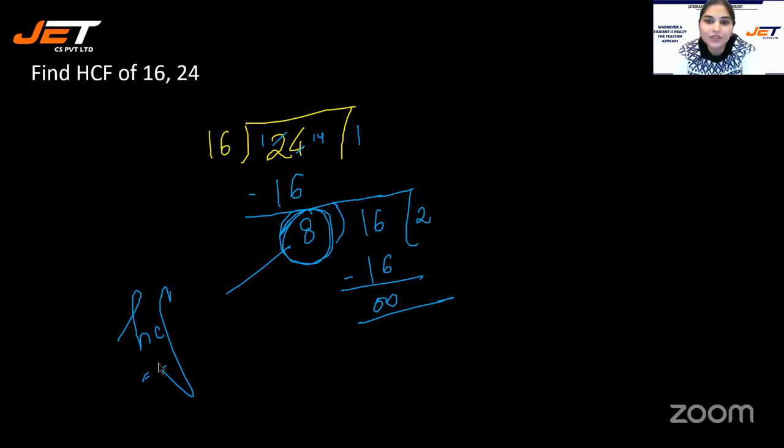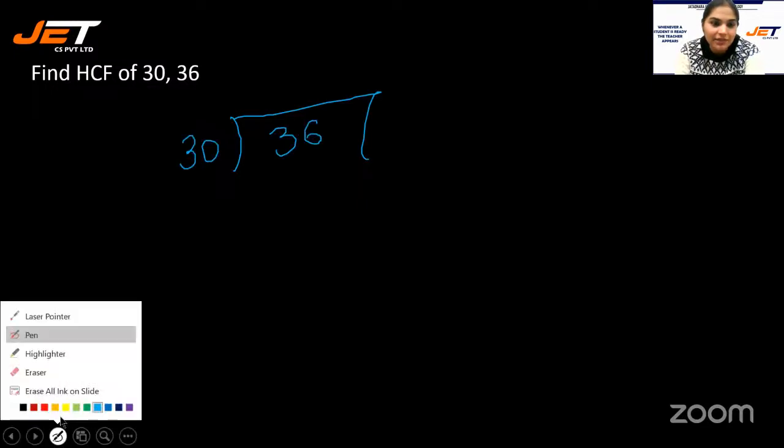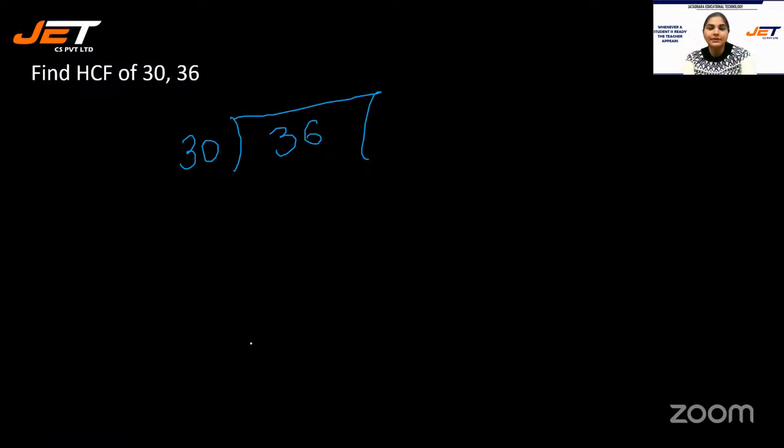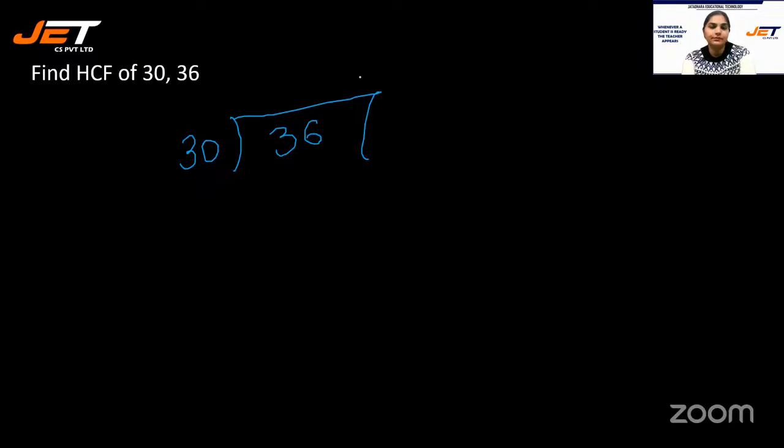Let's do the next question. 30 and 36. 36 will be the dividend here, and 30 is the divisor because 30 is smaller than 36. So here, 30 times 1 is 30.